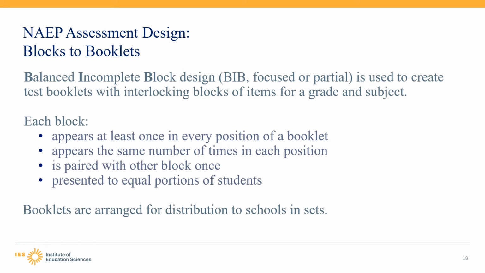Further, NAEP test booklets are created with interlocking blocks of items. Each block appears once in every position of a test form administered to students. Booklet design can vary by subjects and grade.